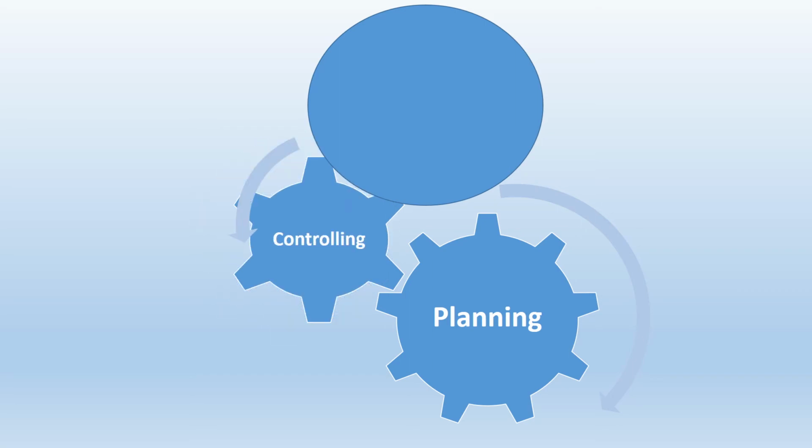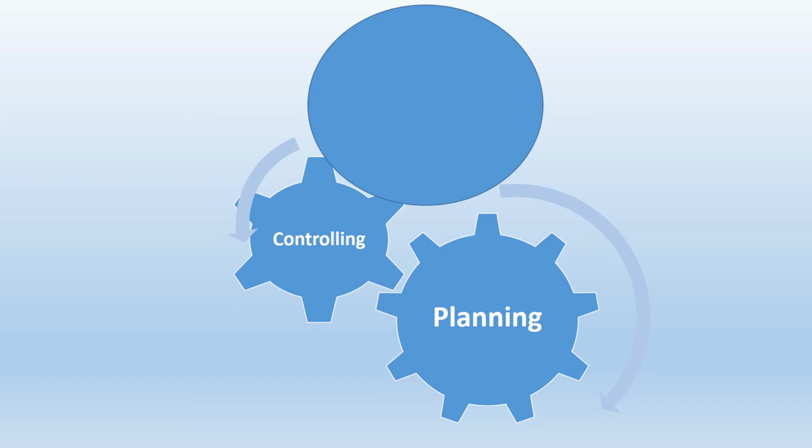The second function is controlling. Planning is only half the battle. Once a plan is created, it must be implemented and monitored by managers and workers to ensure that the plan is being carried out as intended.